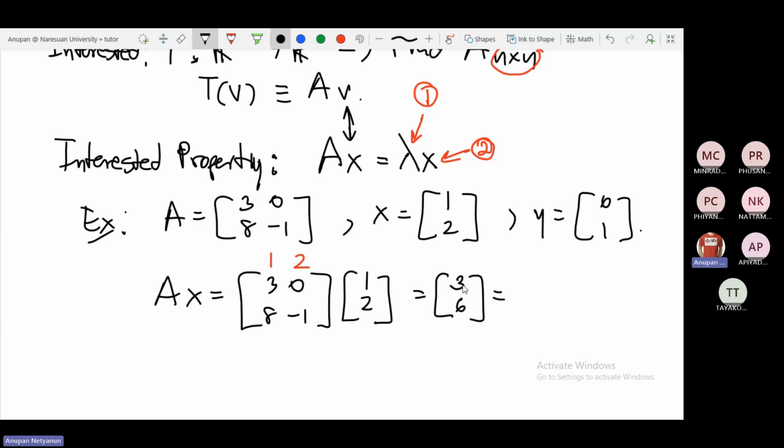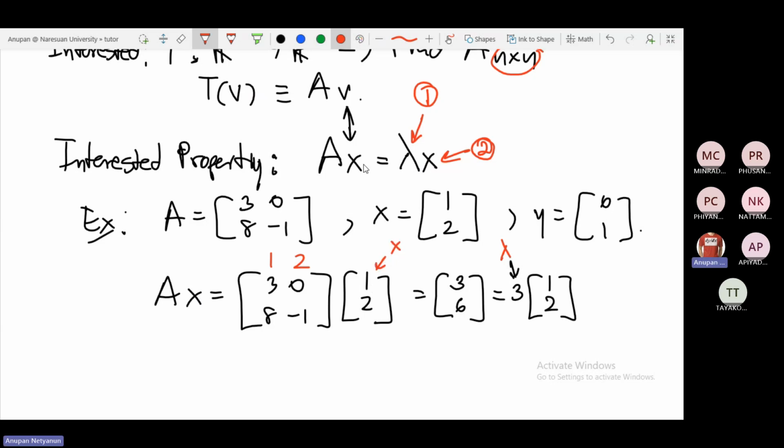And you see that 3 is the common factor, so I pull it out. Take 3 out, I have 1. Take 3 out, I have 2. See? So you can see that 1, 2 has this property: when you multiply it to this matrix A, you get a scalar lambda multiplied to the vector.